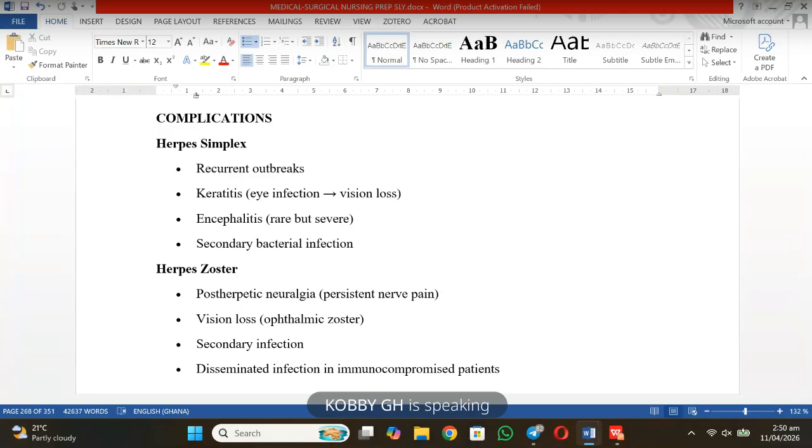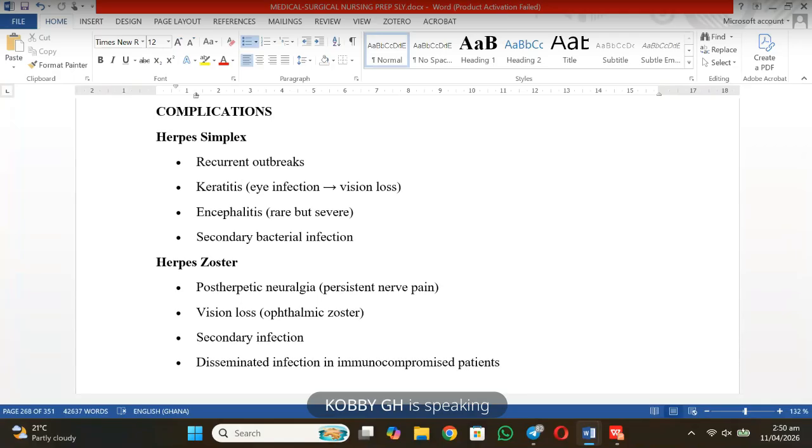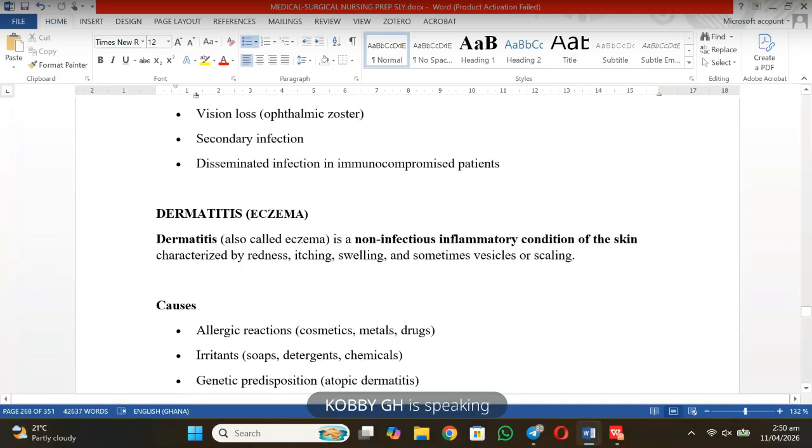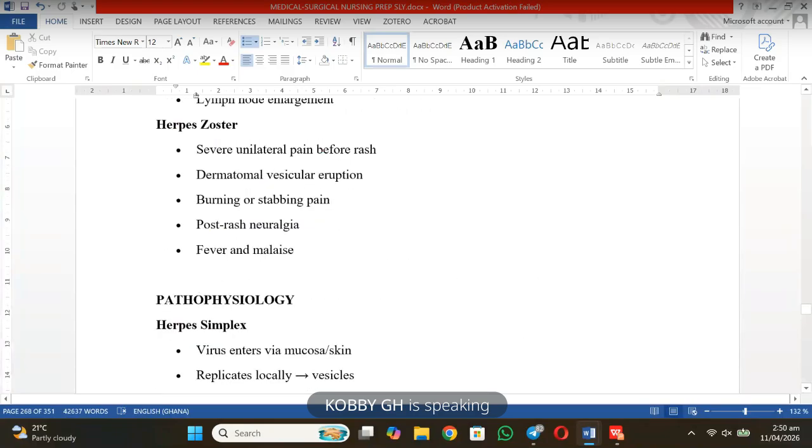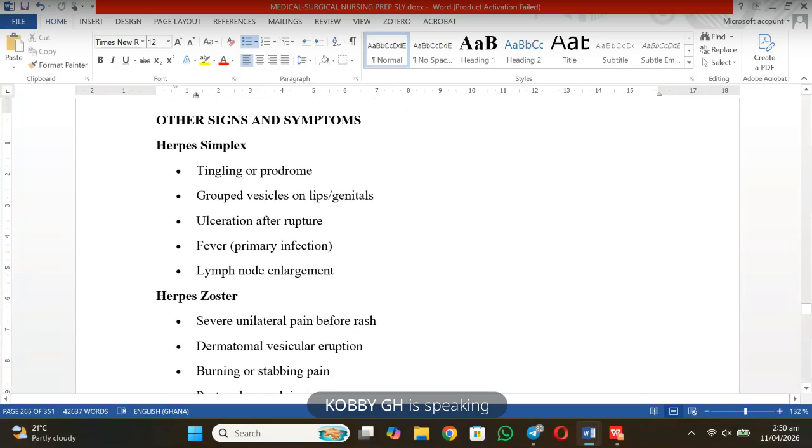All right, that is fine. So we've done herpes zoster and herpes simplex. The difference is that with herpes simplex, vesicles will be formed.